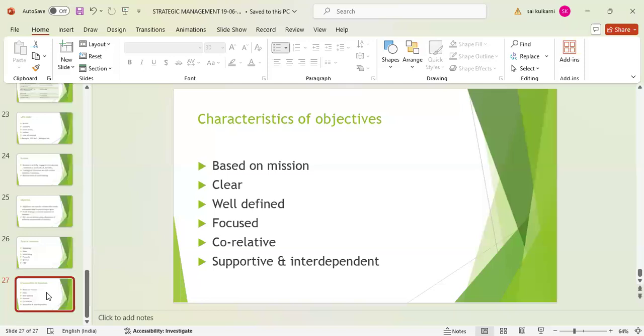Now tomorrow we will go for the second point in the process of strategic management. That is strategy implementation. Okay. So now you can find different vision and mission statements of different organizations, and you can compare them for your sake, so the concepts can be cleared.